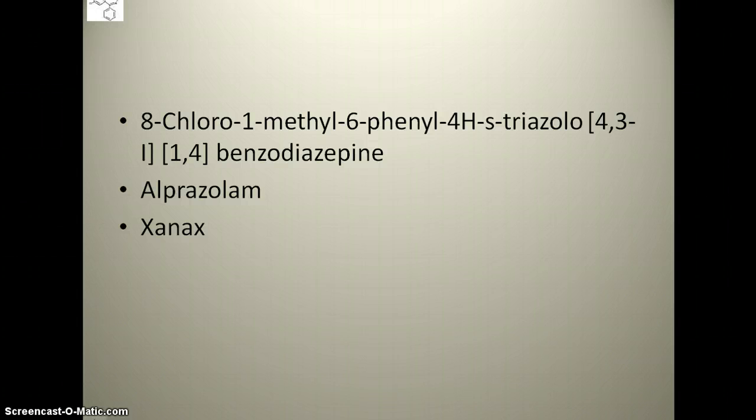So the trade or brand name here is Xanax. The generic name is alprazolam. And here is a chemical name: 8-chloro-1-methyl-6-phenyl-4H-triazolo[4,3-a][1,4]benzodiazepine. Don't worry, you don't have to know that for the final.